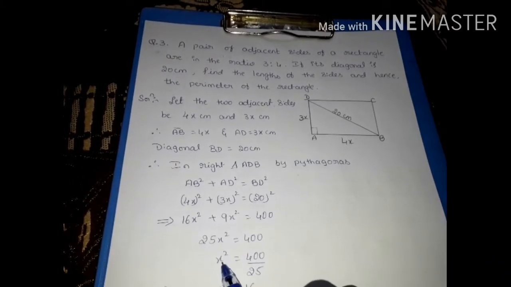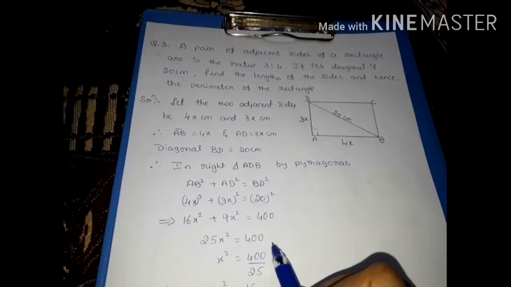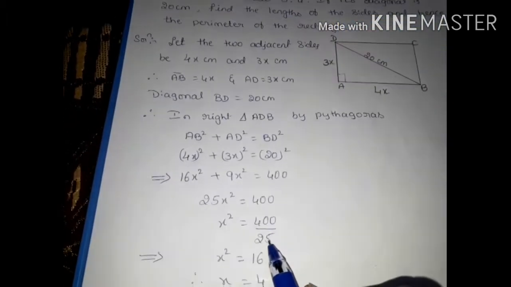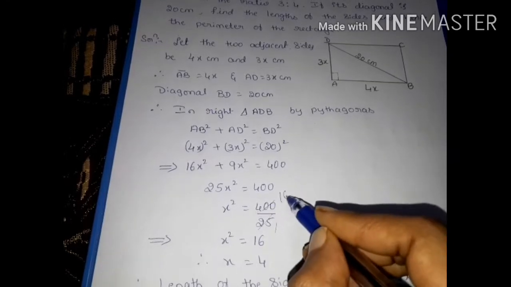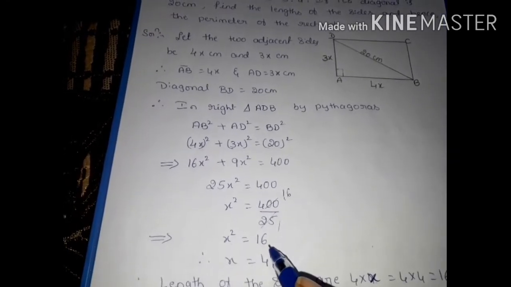Only we need the x square value, so take 25 to the RHS. 400 divided by 25 is 16. X square value we got 16.